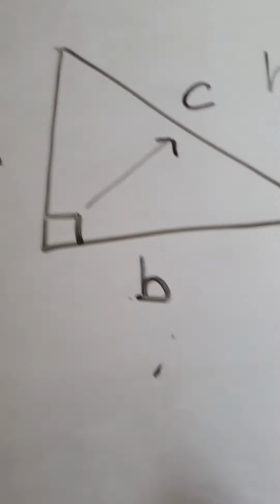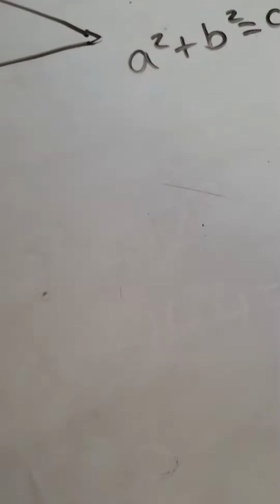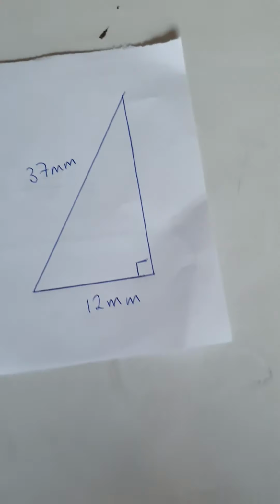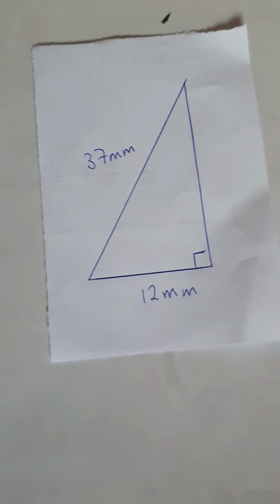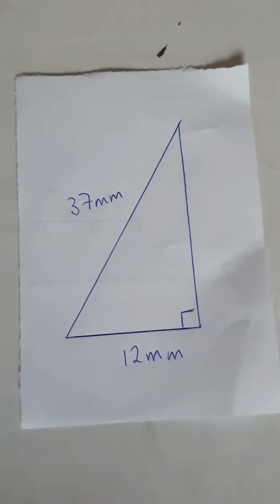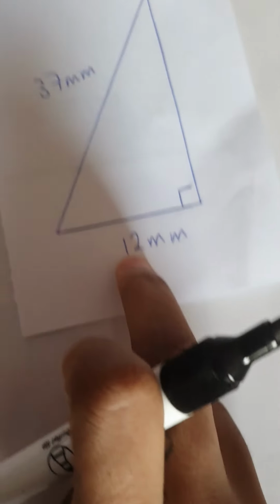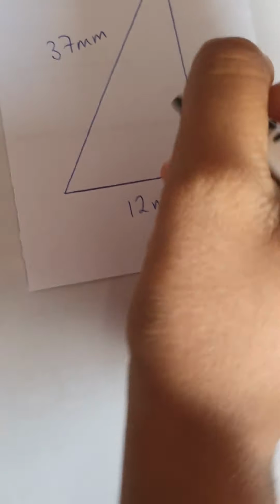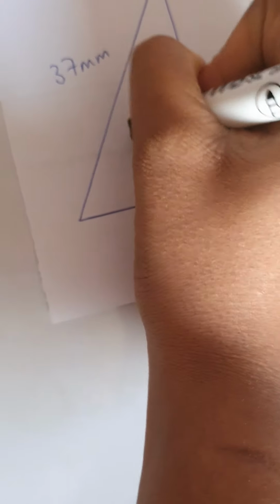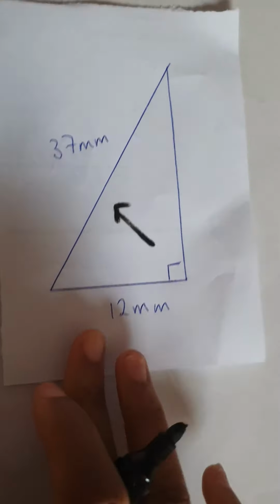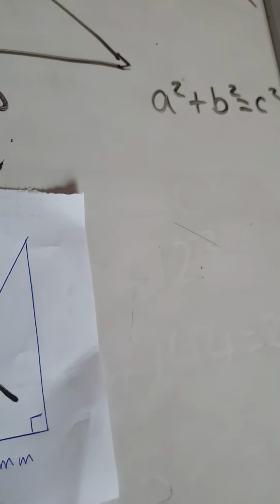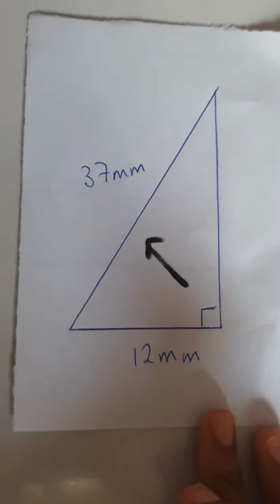However, what if I want to know one of the other sides? I've got another right angle triangle here. Again, not drawn accurately. And I've got one short edge and now the hypotenuse because this is opposite my right angle. So instead of using the theorem in that setup, we're going to have to change it ever so slightly.